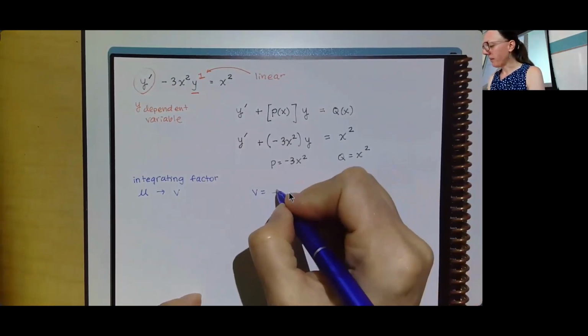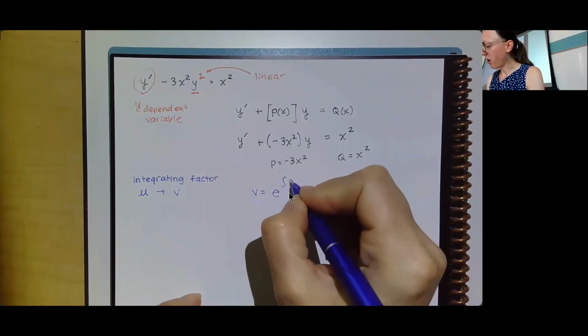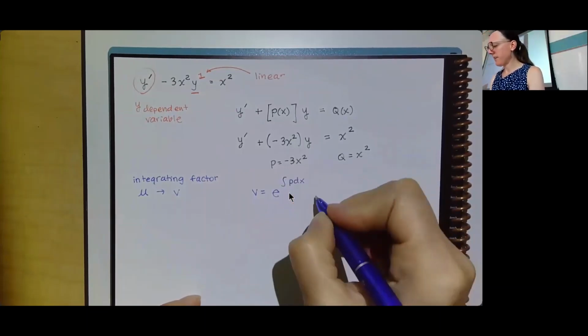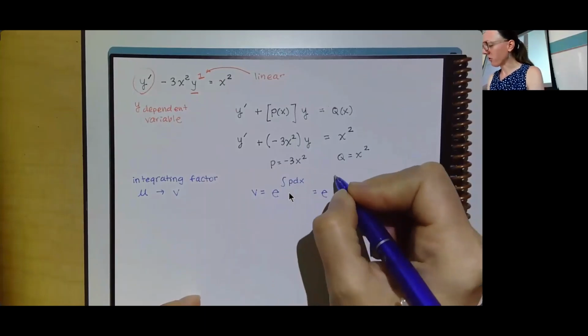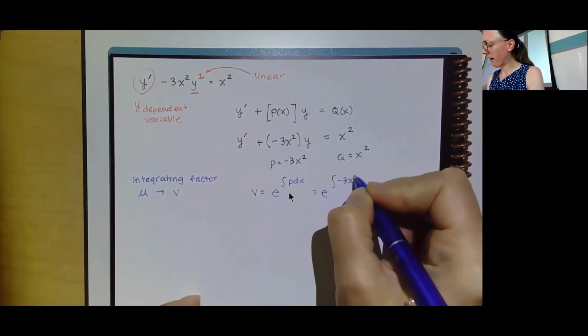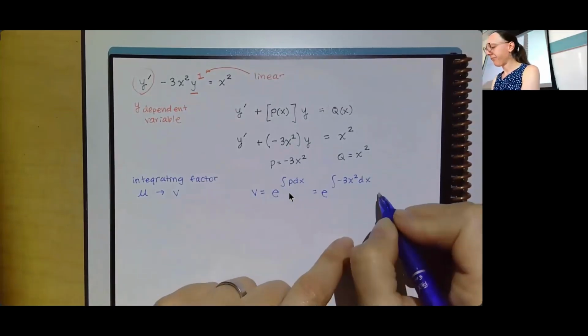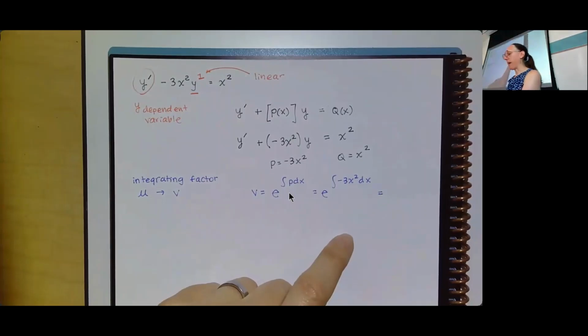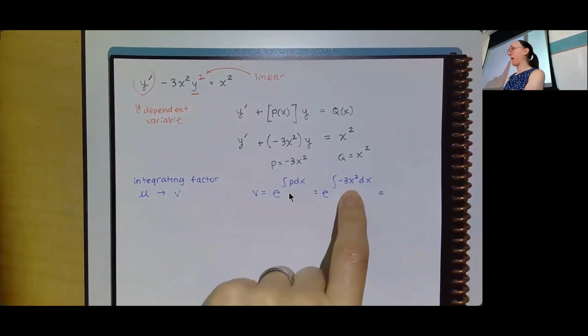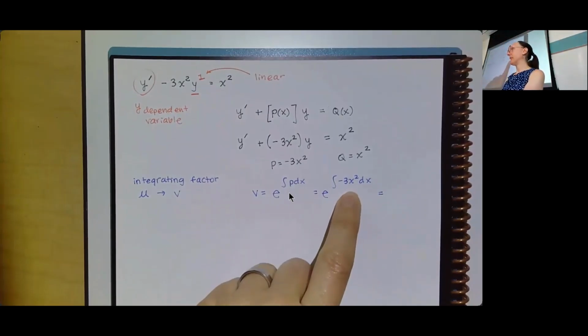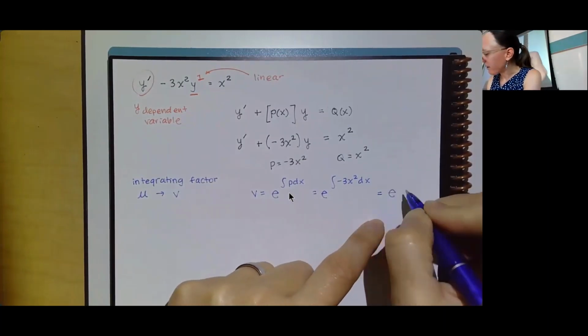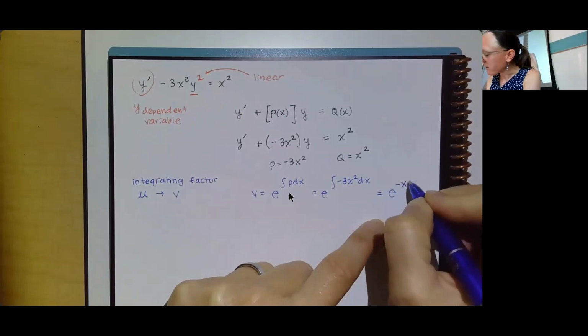We're going to take e to the integral of whatever our p function was. So I'm going to have e to the integral of negative 3x squared dx. What do we get when we integrate negative 3x squared? Perfect. So this is going to look like e to the negative x cubed.